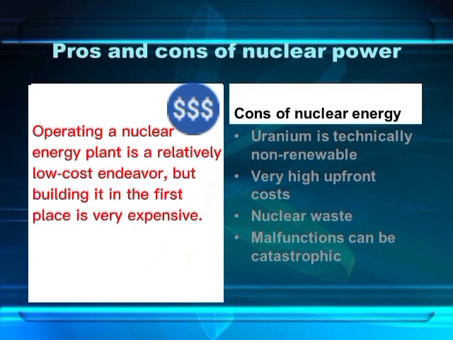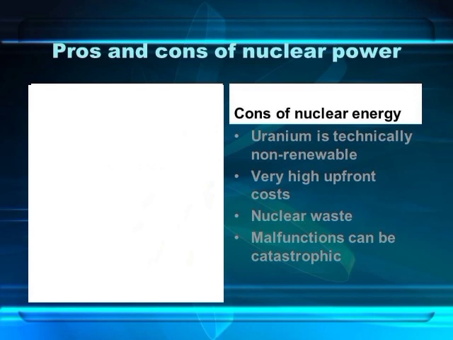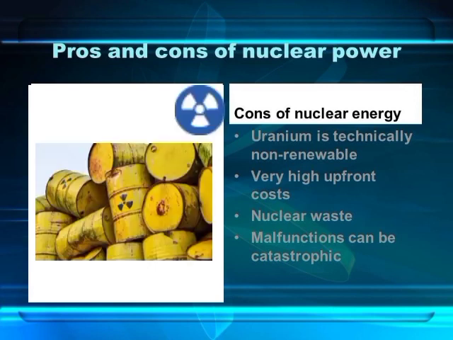Operating a nuclear power plant is a relatively low-cost endeavor, but building it in the first place is very expensive. Nuclear reactors are complex devices that require many levels of safety built around them, which drives up the cost of new nuclear plants. Then third, nuclear waste.